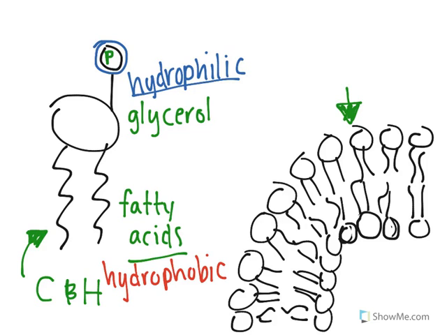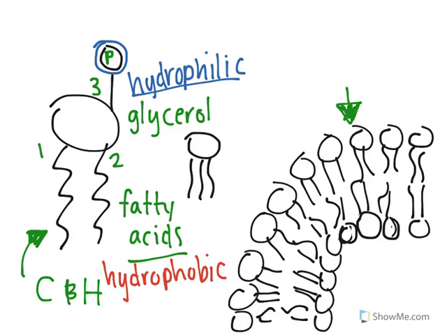So the difference between a phospholipid and a regular lipid is that the phospholipid only has two fatty acid tails and then a phosphate group, whereas a regular lipid has three fatty acid tails. So the phospholipid still has three parts, so there's still 1, 2, 3. The third just goes to the phosphate instead. So that's the breakdown of what a phospholipid looks like.